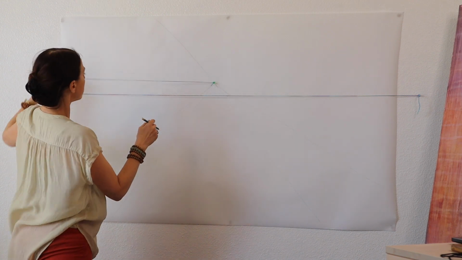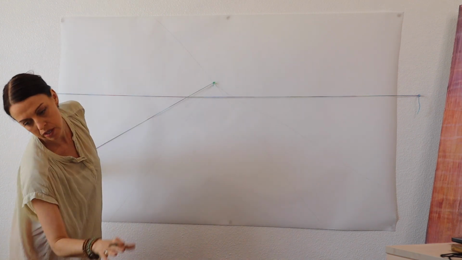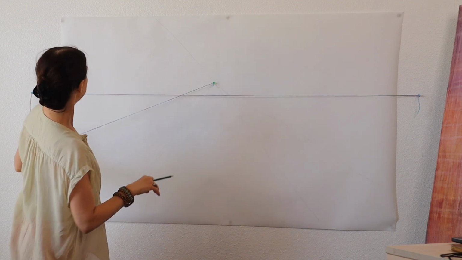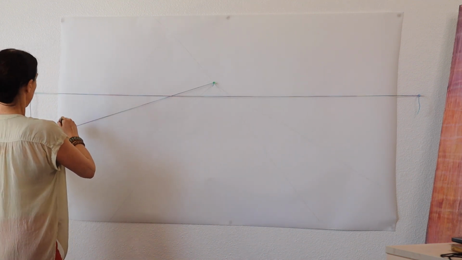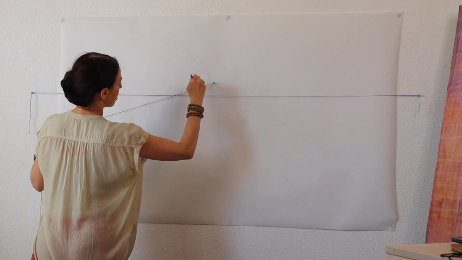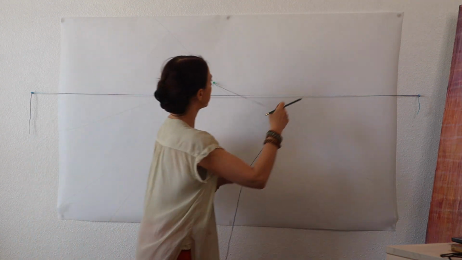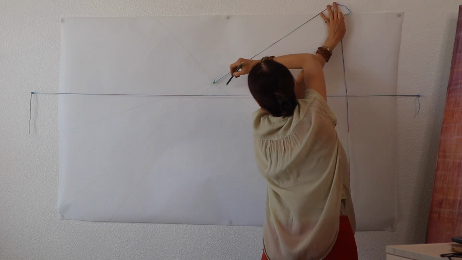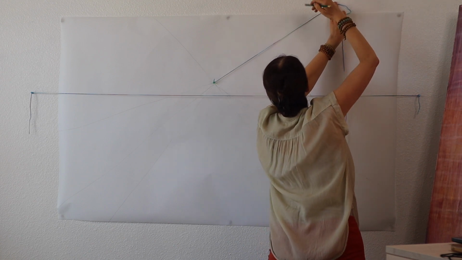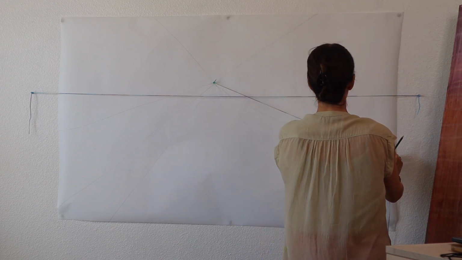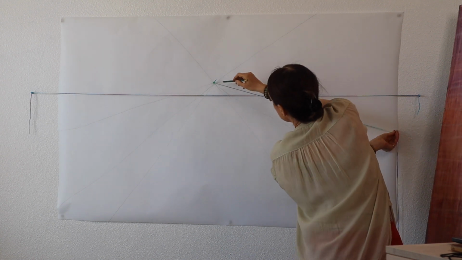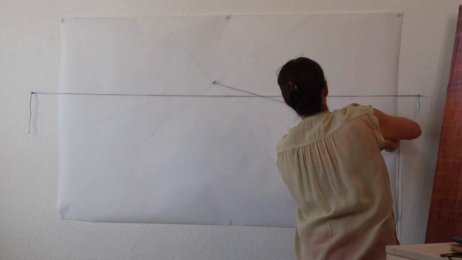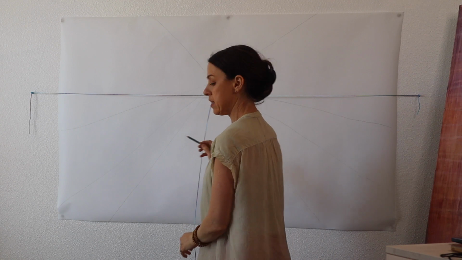These are going to be the columns that will also be receding into this one vanishing point. So you can see all the lines are leading to this one point that's right in the center.